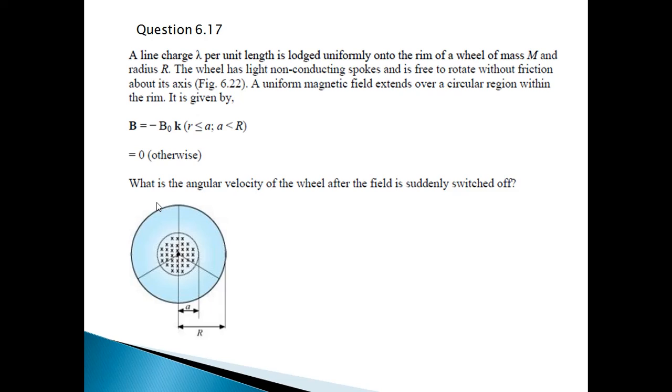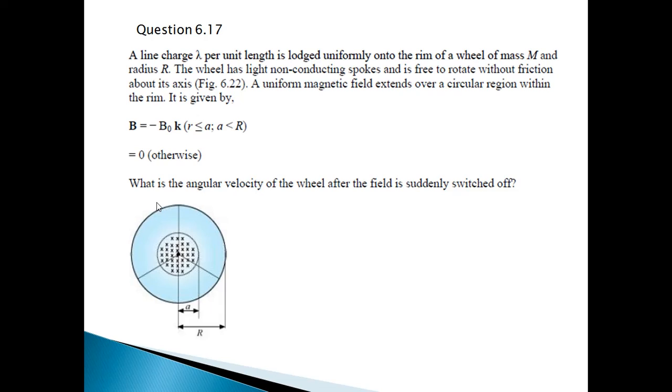Next question. A line charge lambda per unit length is lodged uniformly onto the rim of a wheel of mass m and radius r. The wheel has light, non-conducting spokes and is free to rotate without friction about its axis. A uniform magnetic field extends over a circular region within the rim.